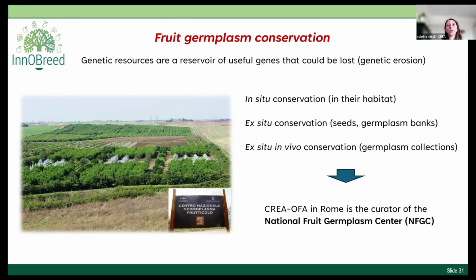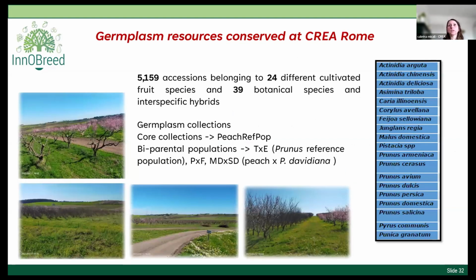At CREA Rome, we have the National Fruit Germplasm Center, where we maintain and conserve more than 5,000 accessions belonging to 24 different cultivated fruit species. Here is a list, and 39 botanical species and interspecific hybrids.